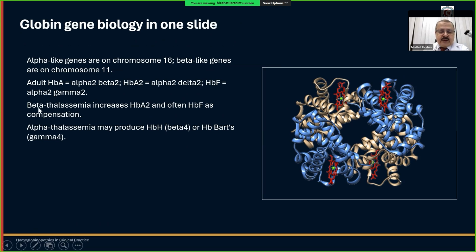As you know, beta thalassemia shows an increase in A2 and F, and alpha thalassemia may produce hemoglobin H for beta, or hemoglobin Bart's for gamma.